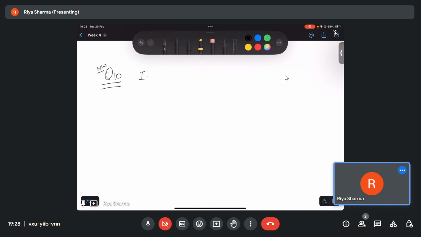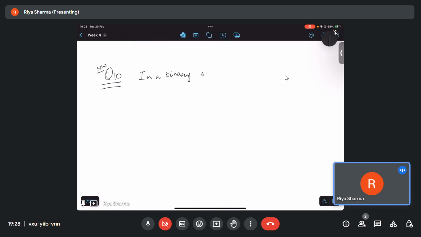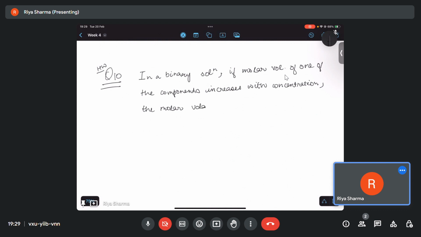This is a one answer question. In a binary solution, if the molar volume of one of the components increases with concentration, the molar volume of the other, question mark.